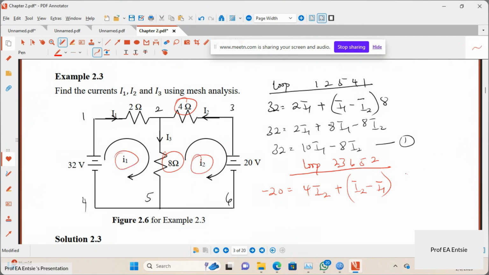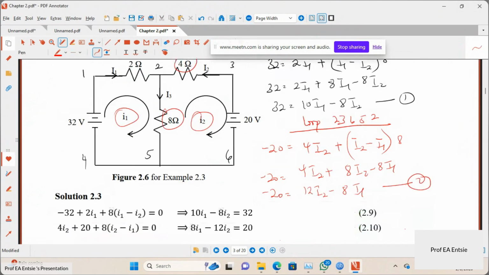So negative 20 equals 4I2 plus 8I2 minus 8I1. I'll get negative 20 equals 4 plus 8 is 12, so 12I2 minus 8I1. This is equation 2. Are we okay? Then you solve equations 1 and 2 simultaneously.